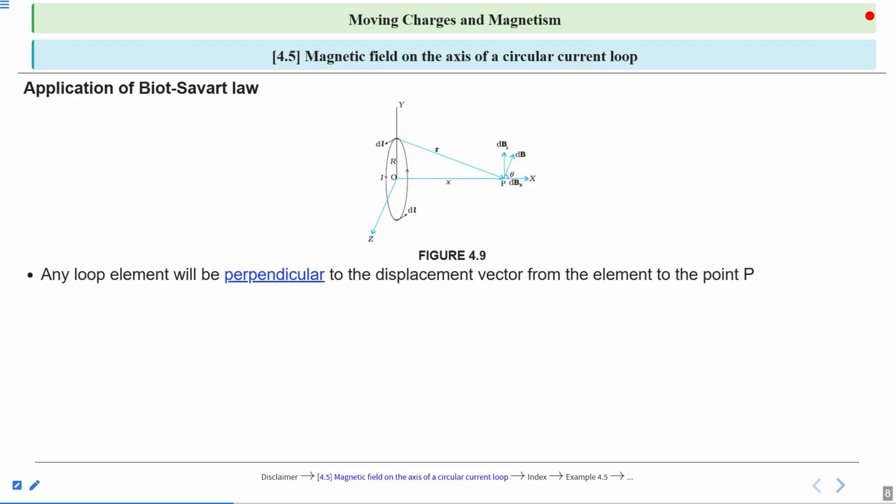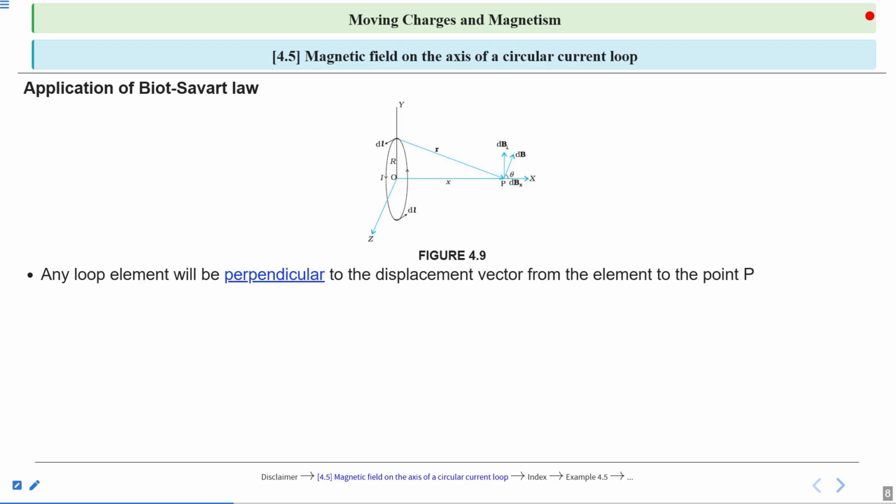From the figure you can see we have mentioned earlier that the loop is in the YZ plane, and this r vector is in the XY plane. The dl vector is on the loop, so this dl vector is in the YZ plane and this r vector is in the XY plane. So both dl and r vectors are perpendicular. So the angle between the dl vector and the r vector, that is the displacement vector, is 90 degrees.